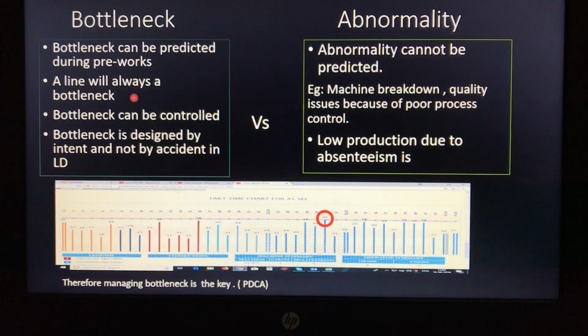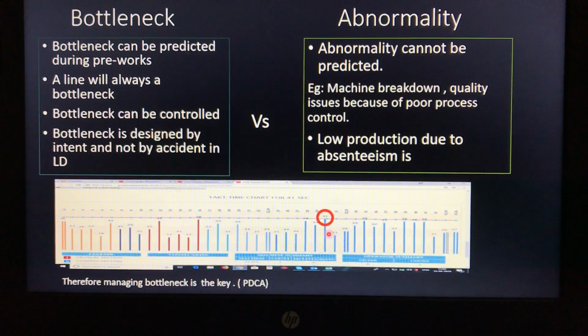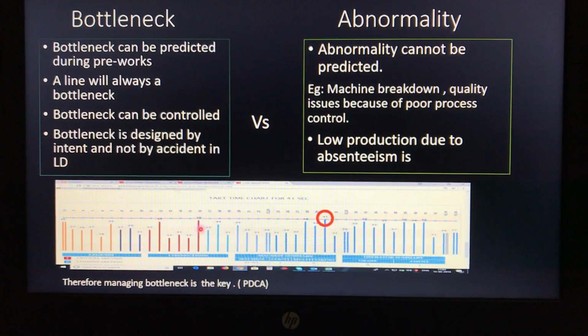It is up to the designer or the shop floor manager or the shop floor engineer to decide which operation you want to be called the bottleneck. In this case, the designer has chosen 41 seconds, has chosen this operation to be the bottleneck. You can choose any of the operations to be the bottleneck and balance accordingly.